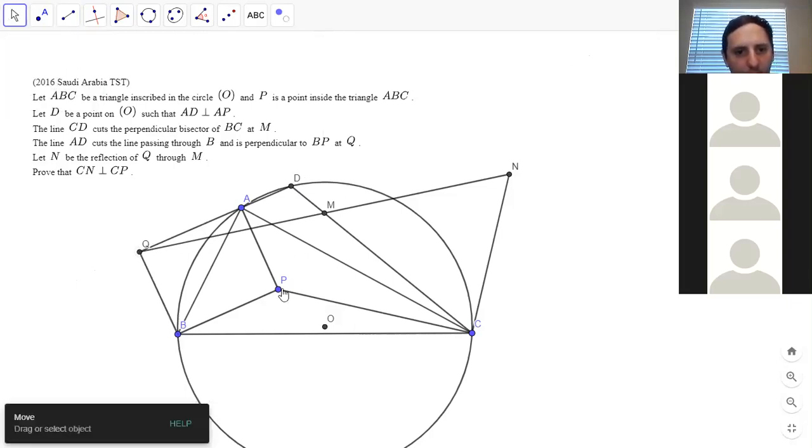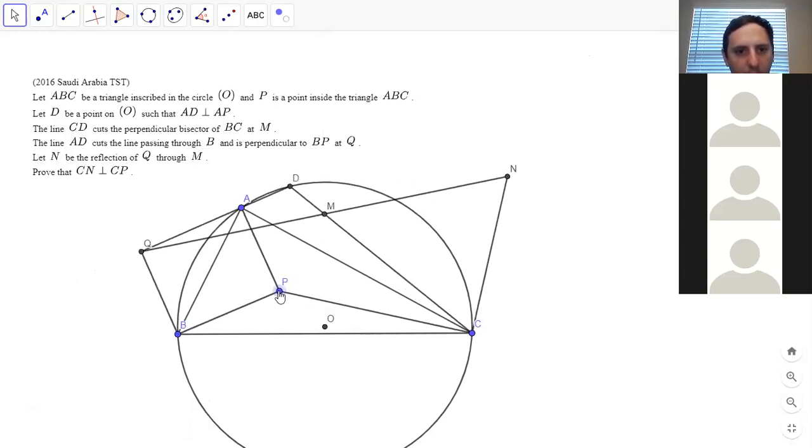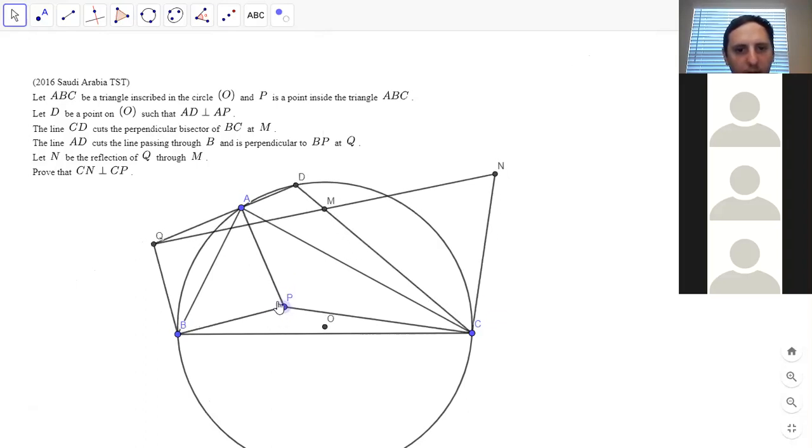So P can be any point. Whatever point P is, we want to show that this is a right angle, angle NCP.